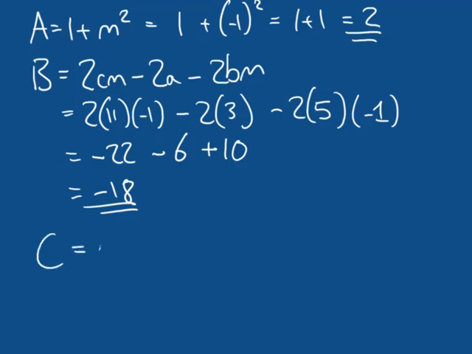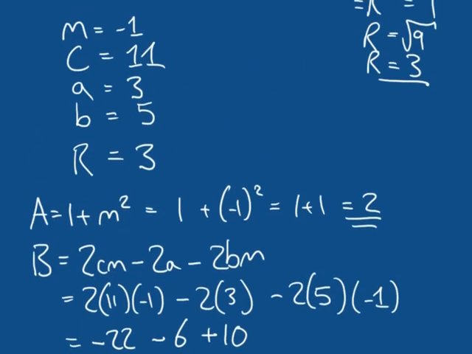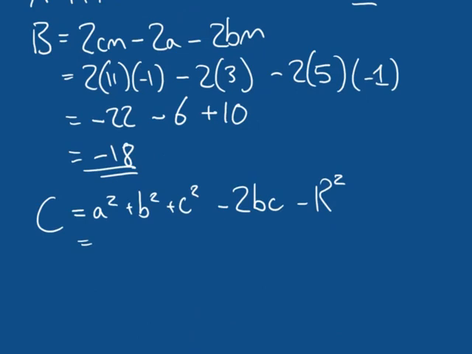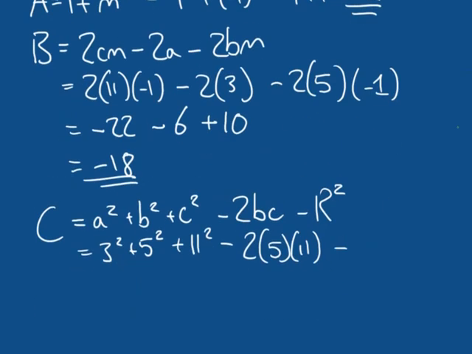And C is equal to a squared plus b squared plus lowercase c squared minus 2bc minus r squared. So that's going to be equal to, we saw a is 3, b is 5, so 3 squared plus 5 squared plus our intercept c is 11, so plus 11 squared minus 2 times b is 5, c is 11, minus our radius is 3, so 3 squared.